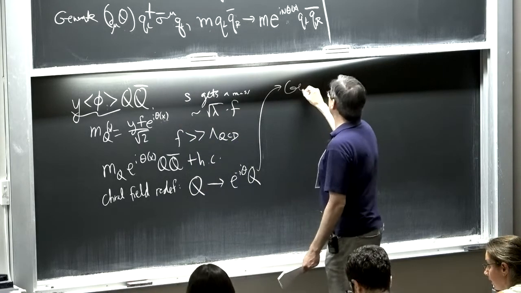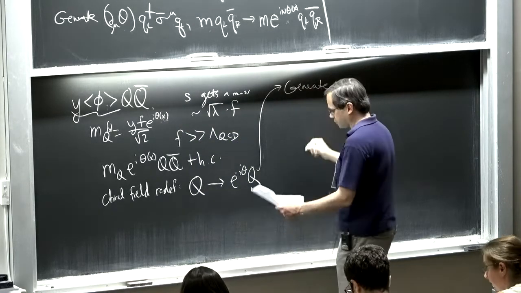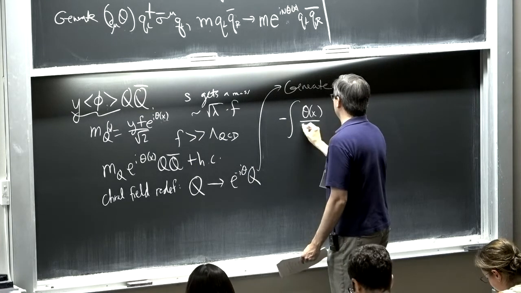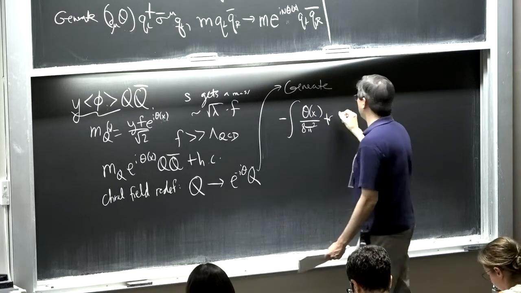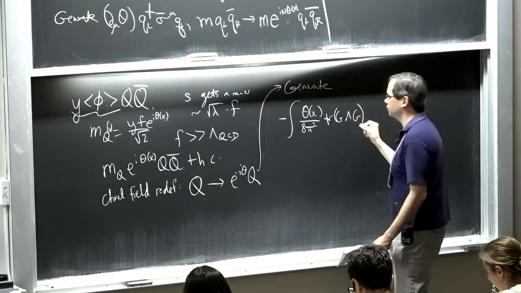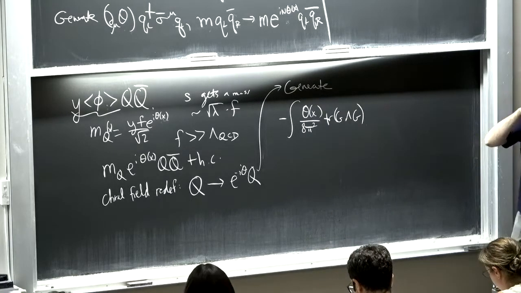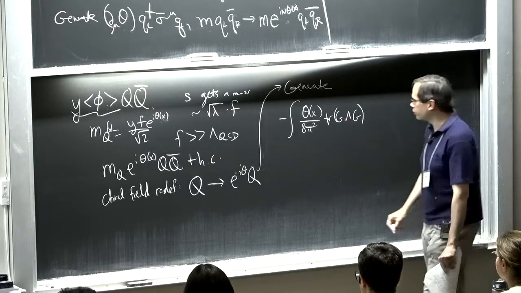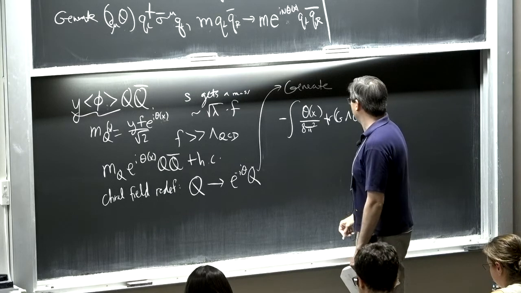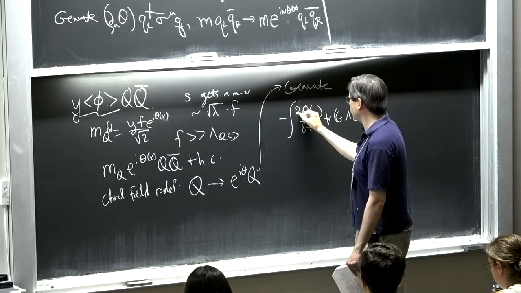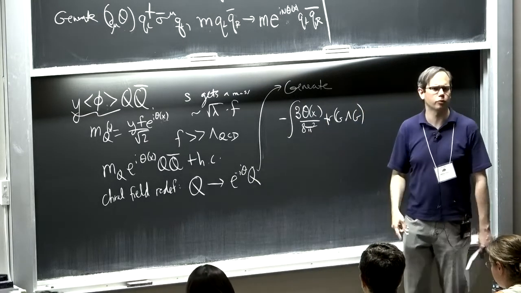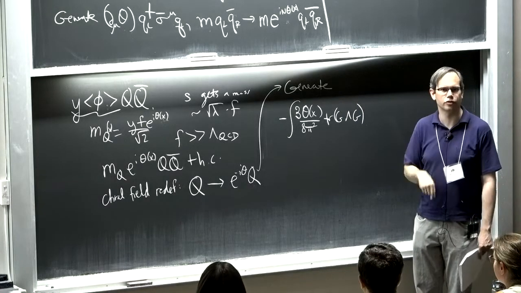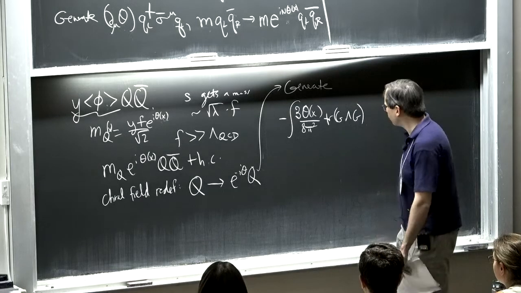We generate some term coupling theta to our gluons. In fact, there's some integer in front. I guess there's a 3 because there are 3 colors of these quarks. So we really did 3 different rephasings in terms of just counting the fields that appear in the Fujikawa argument.